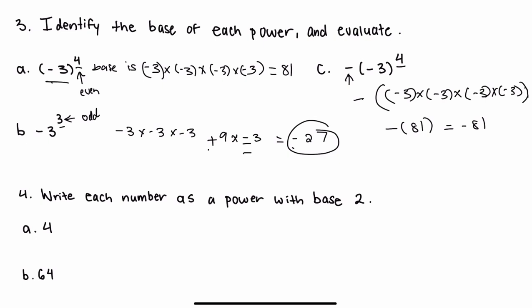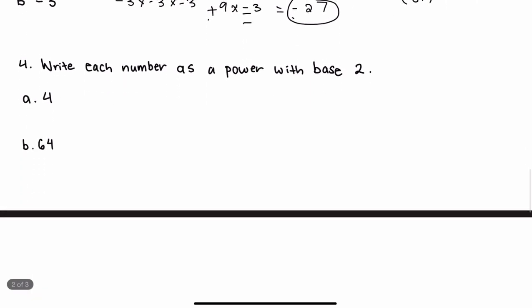So lastly, we have write each number as a power with a base 2. So this, you guys might be thinking, like, how are we going to approach this problem? Like, how do we even do this? And one thing I would say for this type of question is to always go backwards. So in here, you guys basically want to think of it as like, how many times does 2 go into 4? So our base, we already know, they said it's going to be 2.